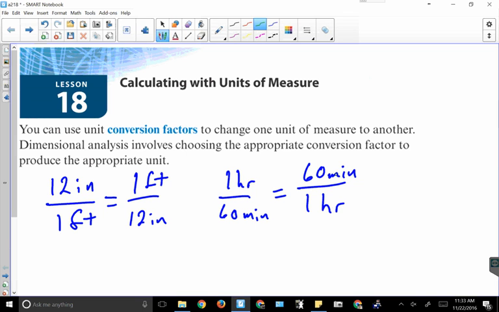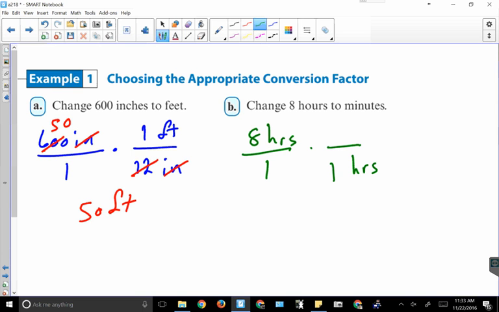Hours is on the bottom, minutes on the top. 1 hour, 60 minutes. Okay, that's easy enough. So that means 1 hour down here, 60 minutes up here. Hours cancels with hours. Well, gee, I can't go through and divide, can I? Multiply. What's 8 times 60? So I get 480 minutes.